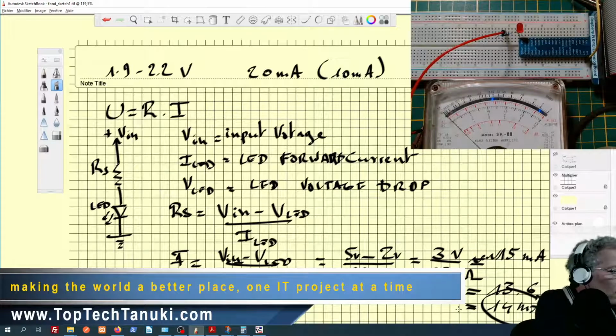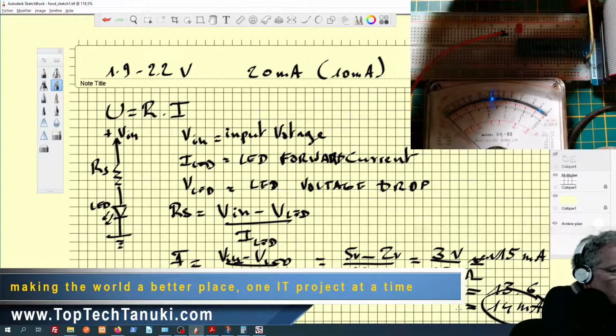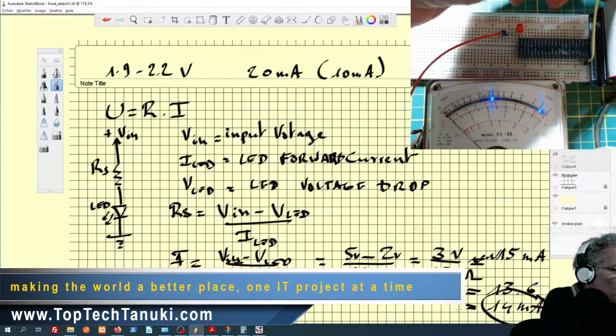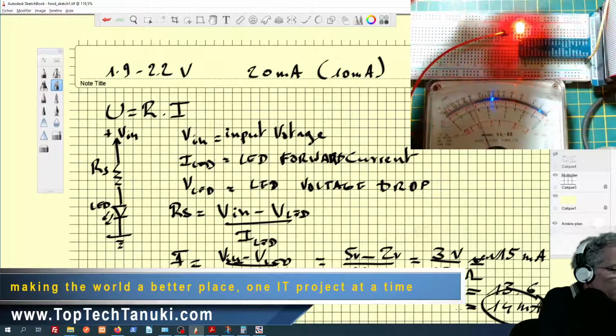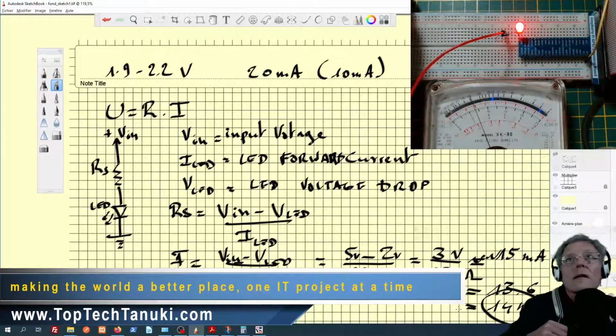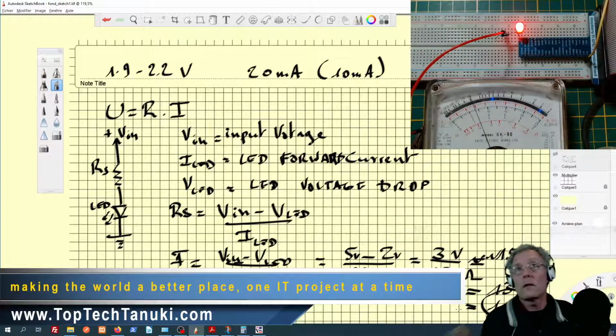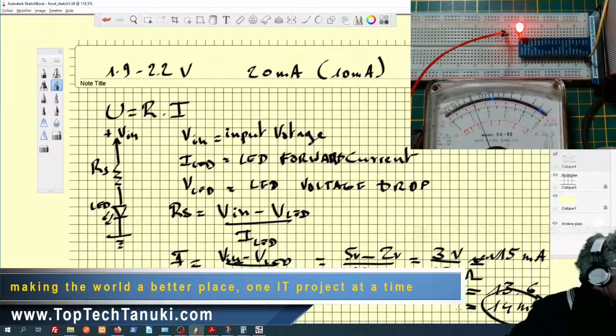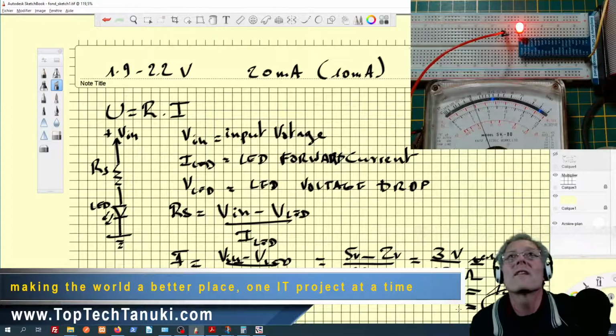So what happens if I... yes, okay, no, hey, that's it. Oh, it works. No smoke, yet. What do we see here?